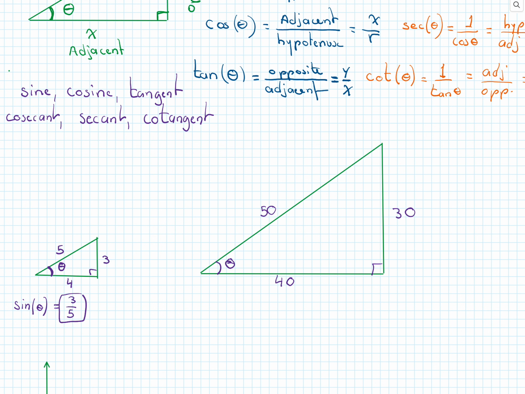Well, they're similar triangles, so the sine of theta here will be opposite, which is 30, over hypotenuse, which is 50. And when you simplify this gives you 3 over 5, and those two are the same, right? So similar triangles are really showing you that the trig ratios depend on the angle theta, not on the size of the legs and the hypotenuse.